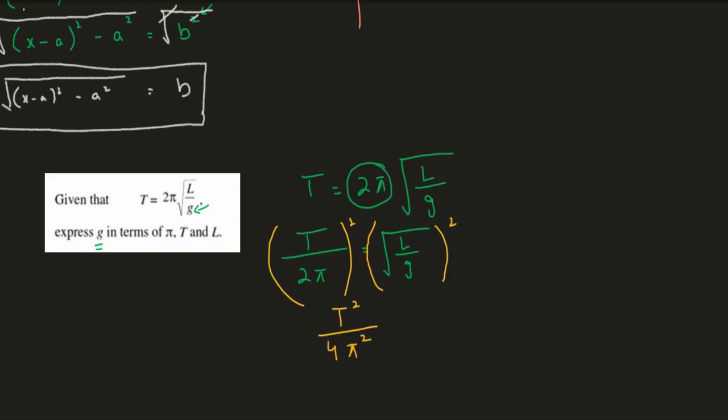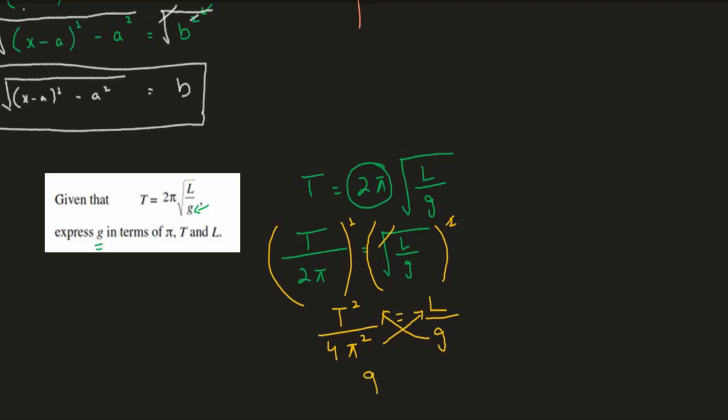I don't need to put the value of pi here because it's just asking me to write in terms of pi. In terms of pi means that I don't need to substitute a value; I can just keep pi as it is. On this side, the square and the square root cancel out, and I would be left with L divided by g. Now g is in the denominator. We can cross multiply, so I can take this g to the numerator.